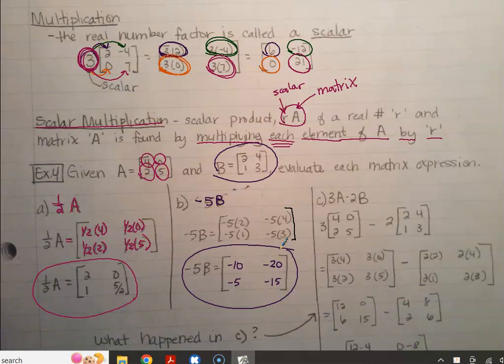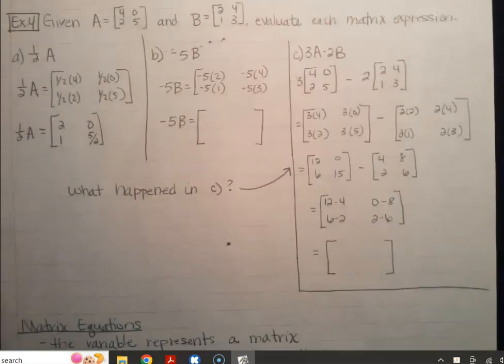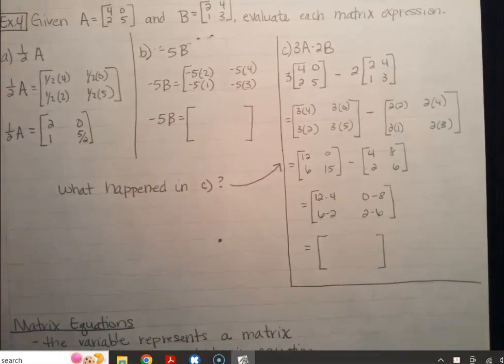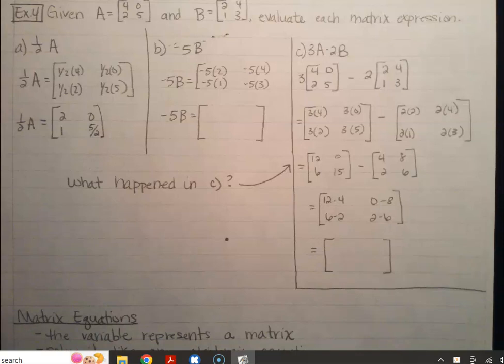But we're going to go ahead and do C. It's a bit more complicated, but I want to go ahead and show it to you. I think it would be fresher in your mind if we look at this one, because most of the work is done for you, but we can talk about it, okay? Because there's a lot going on in C. All right, in C, we're taking 3 times A, minus 2B.